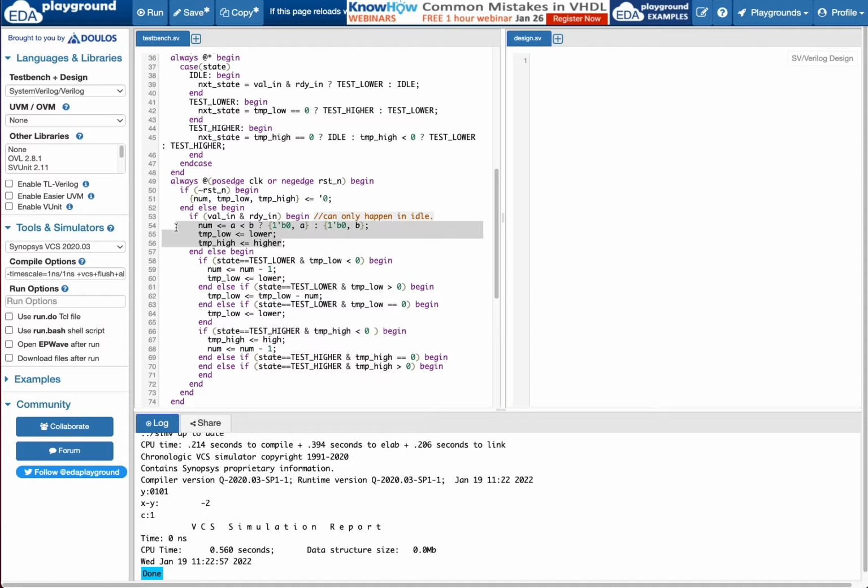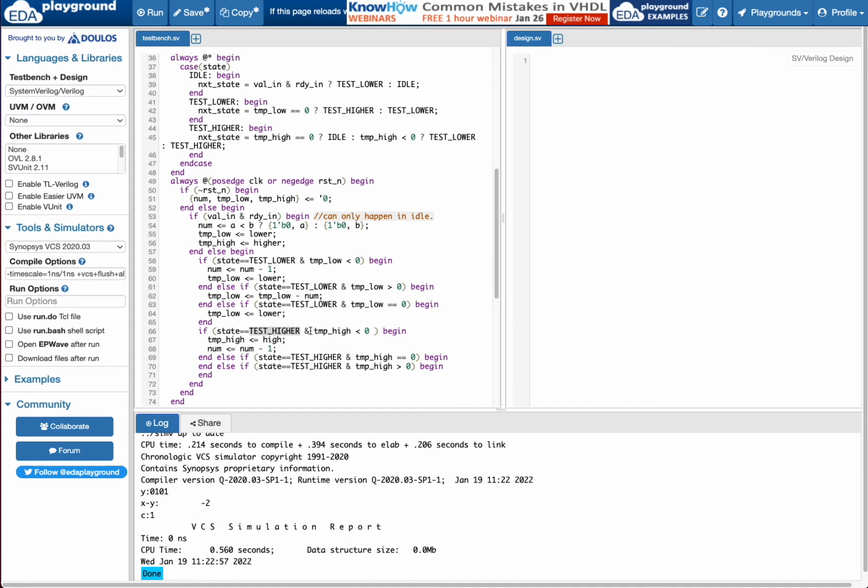So every new iteration, like every new set of A, B, C tests, we don't have to do any num resetting because we'll just output the num, worst case scenario num equals 1, and then we'll output it. And then the next time we're jumping out of idle, this will be reset anyway.